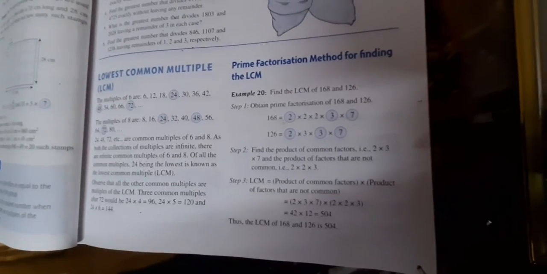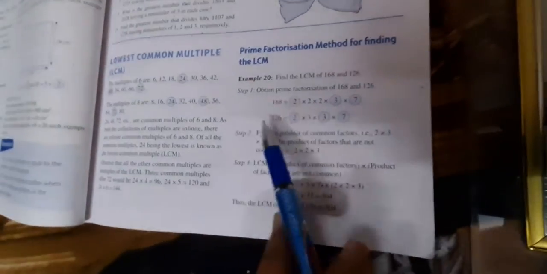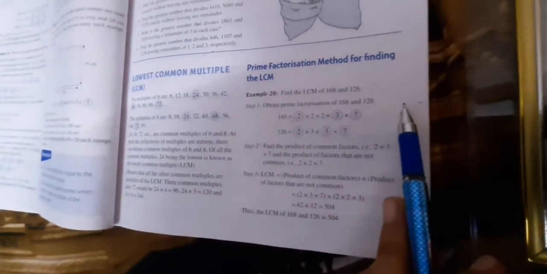Now LCM. What is LCM? LCM means least common multiple, or you can say lowest common multiple. How are you going to find it? You can find it with the prime factorization method, and also with the division method. Here the prime factorization method is given in example 20. Let us solve that only. Here 168 and 126 you have to find.